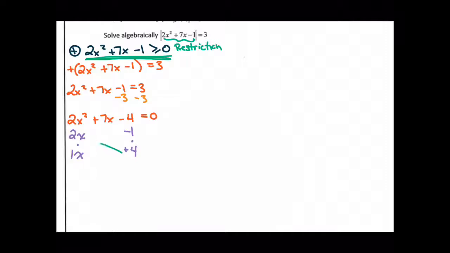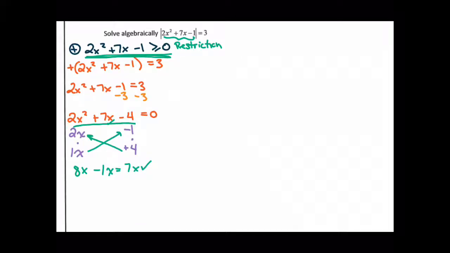Remember, we can check by doing 4 times 2x, which is 8x. 1x times negative 1, which gives me 7x. So that means my factors are 2x minus 1 and 1x plus 4.